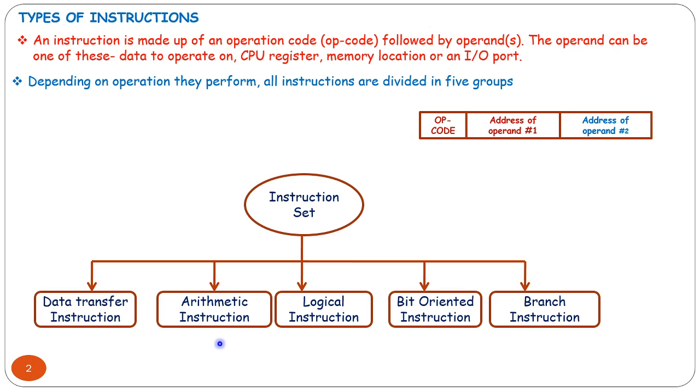Students, we started the arithmetic instruction set in detail. In the previous video lecture, part 1, we saw arithmetic instructions. This is the continuation of that. We are going to discuss the arithmetic instructions in detail.